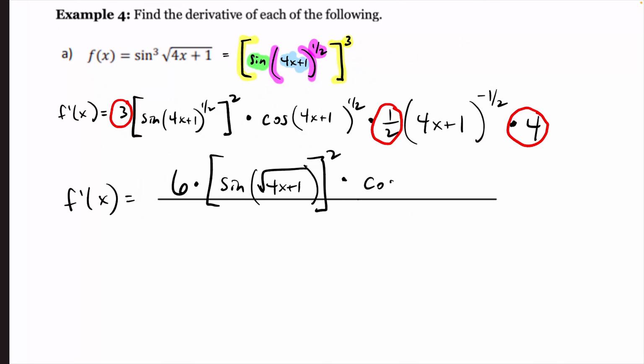Then it would be cosine 4x plus 1. The 1/2 powers are taken care of by the square root. And then the 4x plus 1 needs to move back down to the bottom. Done.